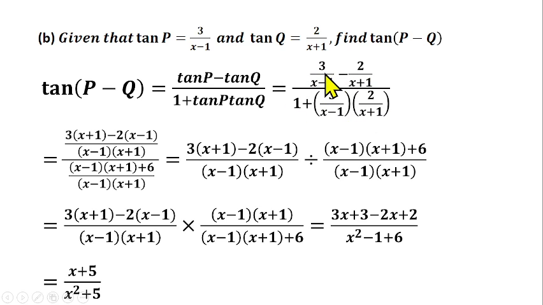So the LCM of the numerator here is s plus 1, s minus 1, which is the difference of 2 square. So we have that here. Then s minus 1 in this gives us s plus 1 multiplied by 3, whatever you're having here, minus s plus 1 in this gives us s minus 1 multiplied by 2, over the LCM here, which is also s plus 1, s minus 1.